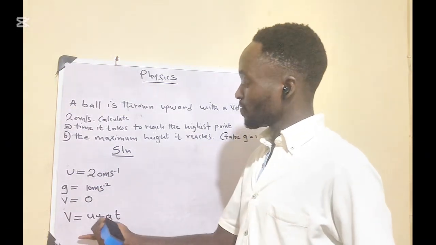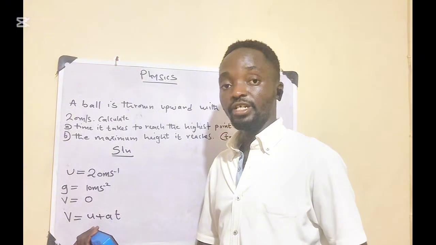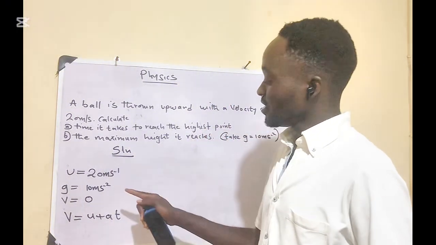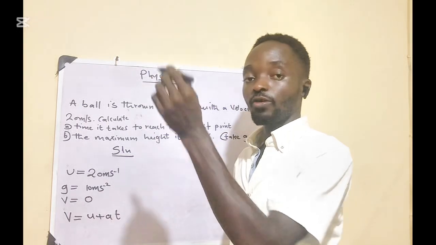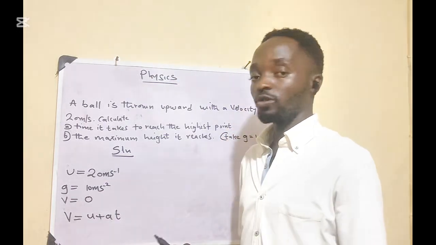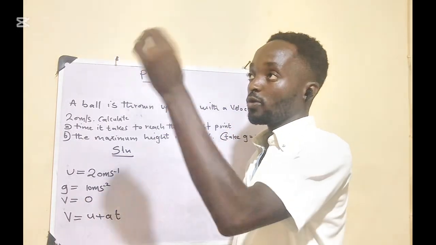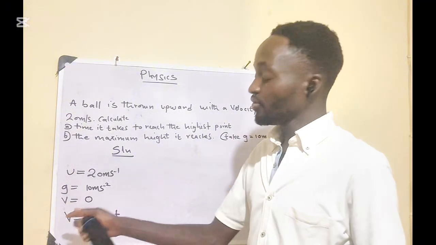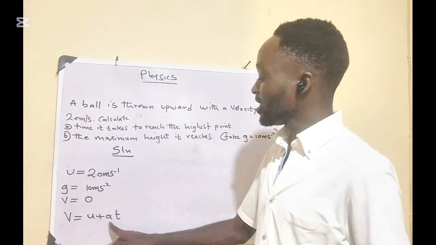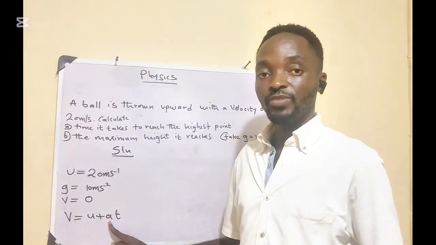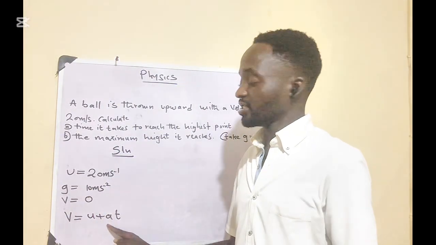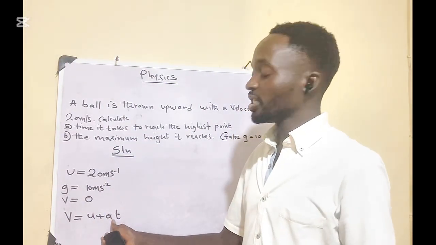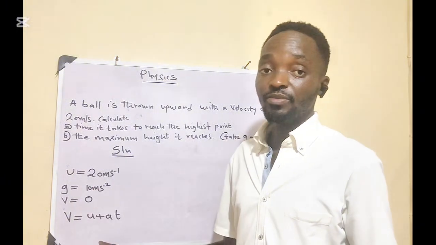But one thing you need to know here is that when we are dealing with a body that is falling vertically or thrown vertically up, in our equations of motion, the value of A is going to change and become g, because this time around we are dealing with bodies that are falling under gravity. So A, acceleration, is going to change to g, which is acceleration due to gravity.